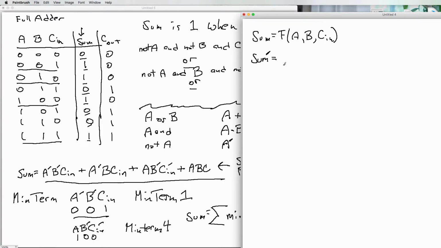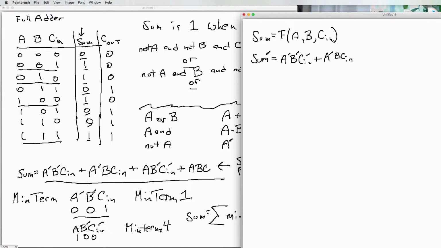would be equal to, well, I come over here, sum complement would be A prime, B prime, C in prime, or I'm going to come over here, and let's see, that would be A prime, B, C in.